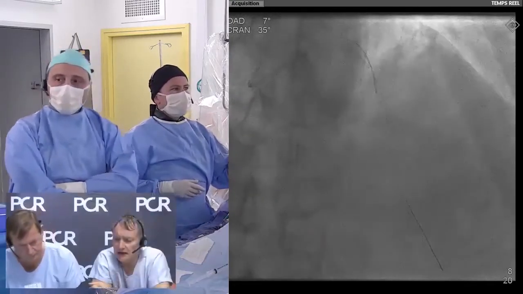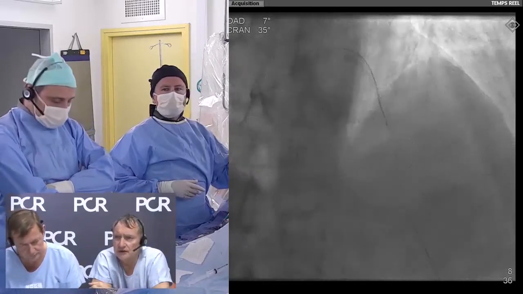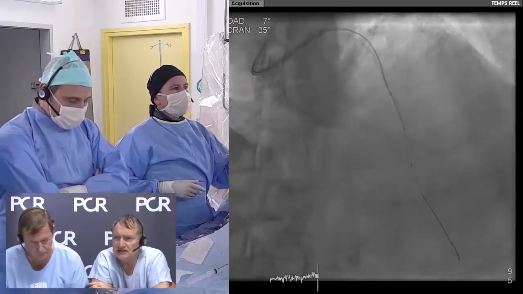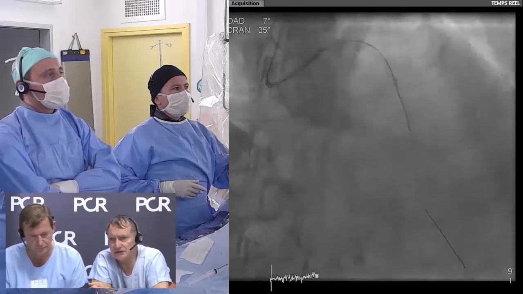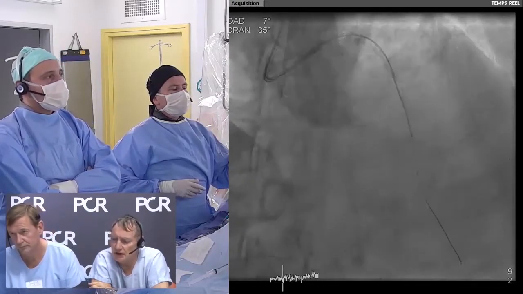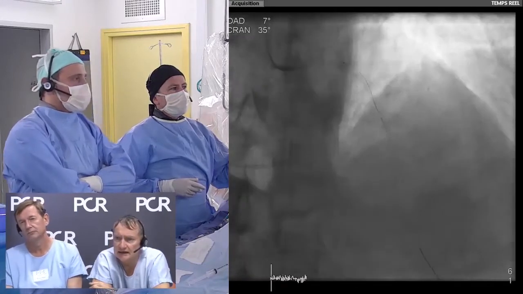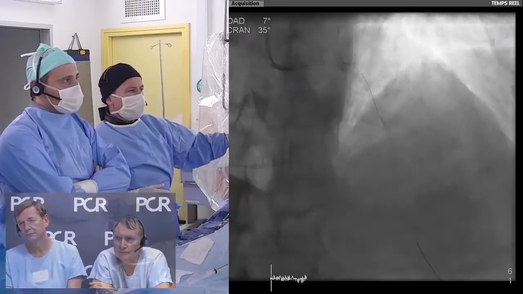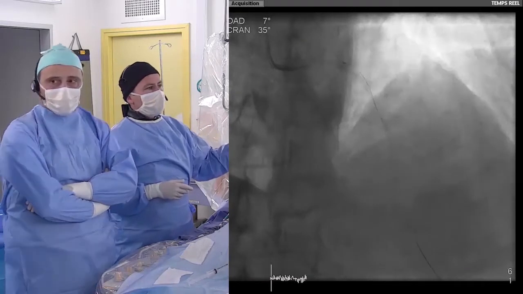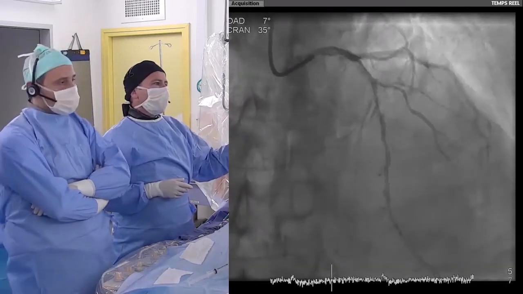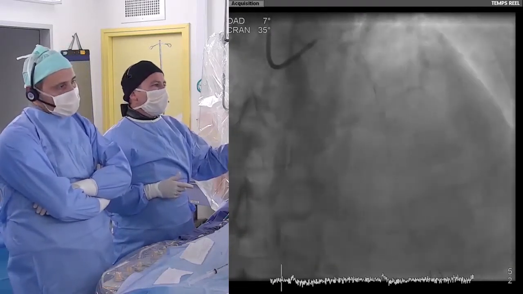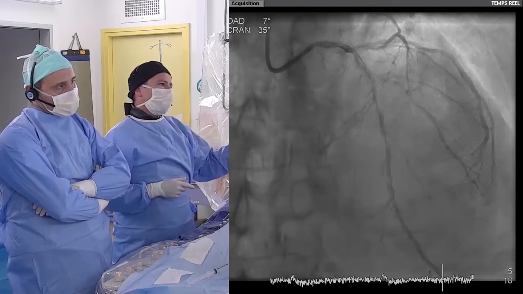Nicolas and Emmanuel, the first question, why did you choose PCI against surgical treatment with internal mammary artery graft in this case? Because the patient is quite old, he is more than 80, and the LAD is diffusely diseased, so we have to discuss about 2 bypass grafts.